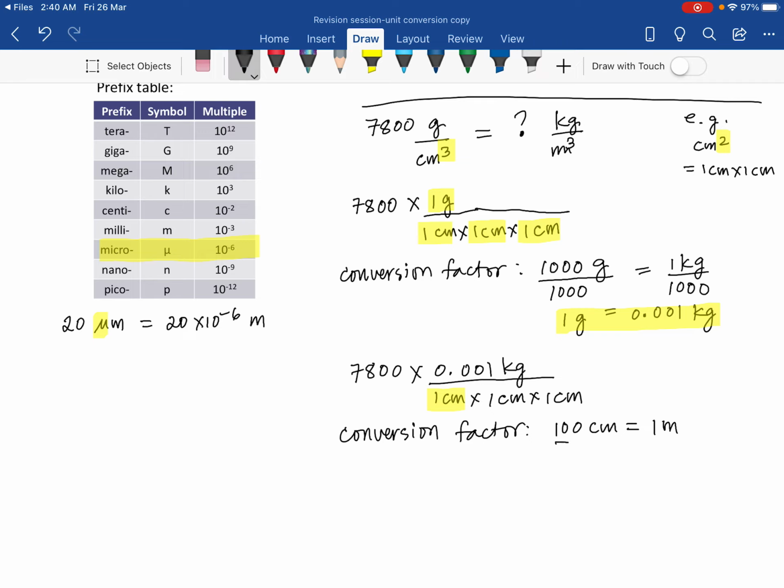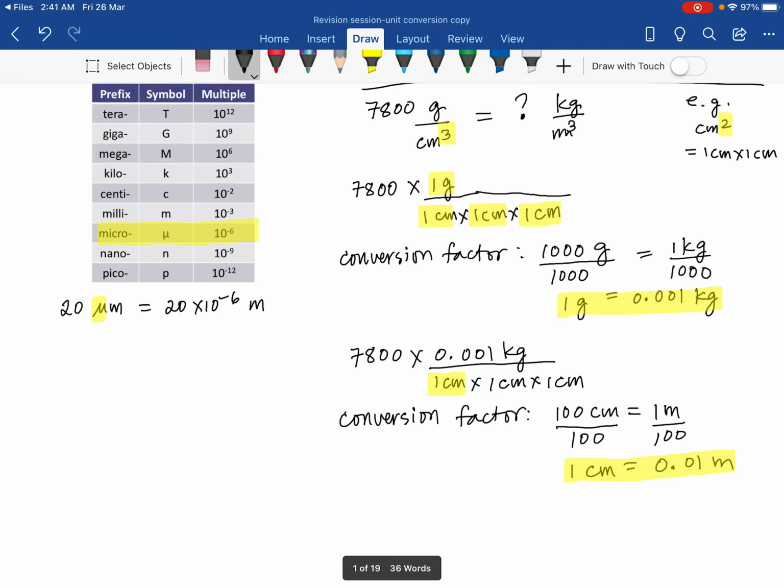So just like we did with the grams, if we divide 100 by itself, we'll get 1. But we have to divide the other side of the conversion factor by 100 as well. So 100 divided by 100, we have 1 centimeter. 1 divided by 100, we have 0.01 meter. So that's now our conversion factor relating 1 centimeter to meter.